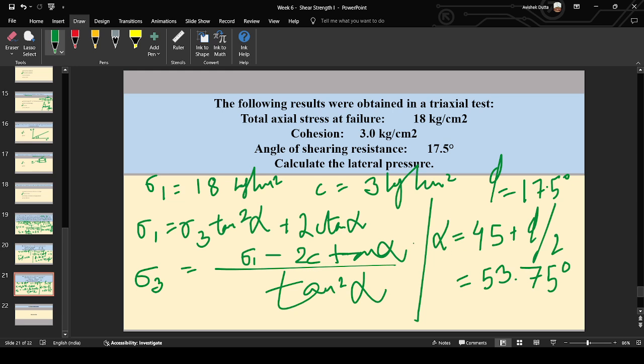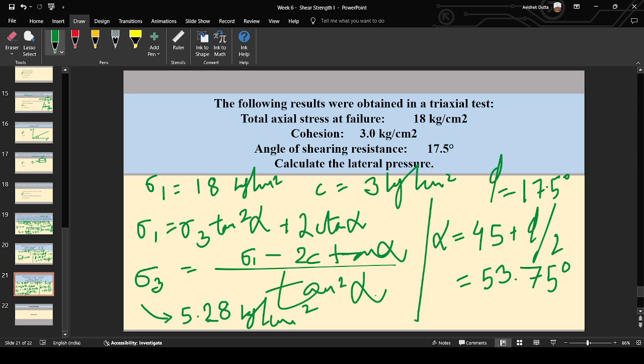You put all the values, σ1 equals 18, C equals 3, and α equals 53.75. σ3, the value of the lateral pressure, you get as approximately 5.277 or 5.27. I'll write 5.28 up to 2 decimal places, kg per centimeter square.